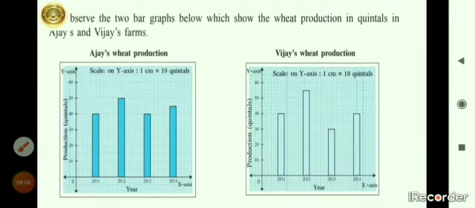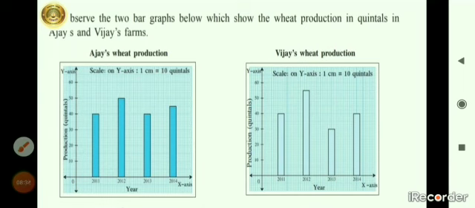let's see one example which is given in your textbook, page number 51. Observe the two bar graphs below which show the wheat production in quintals in Ajay's and Vijay's farm. Now look at both these graphs. Both are showing the same labels on x-axis and y-axis.